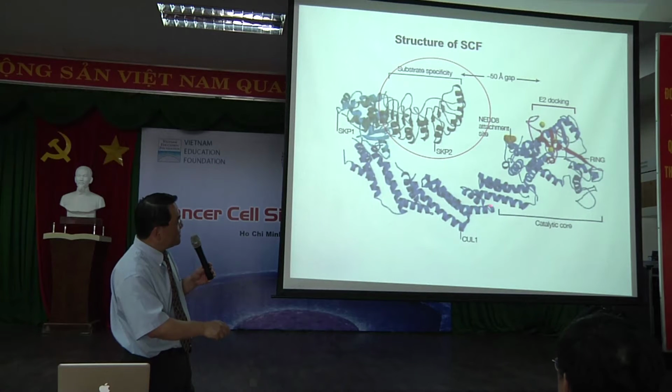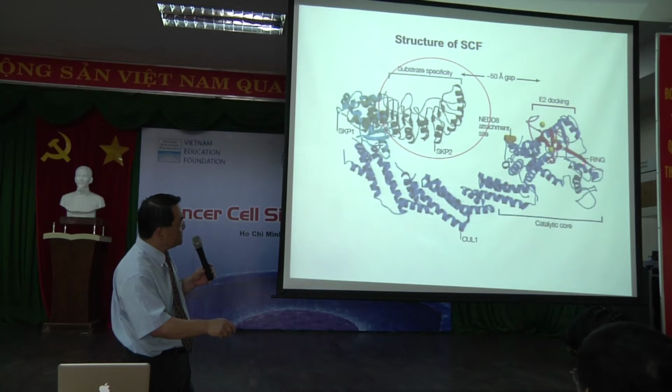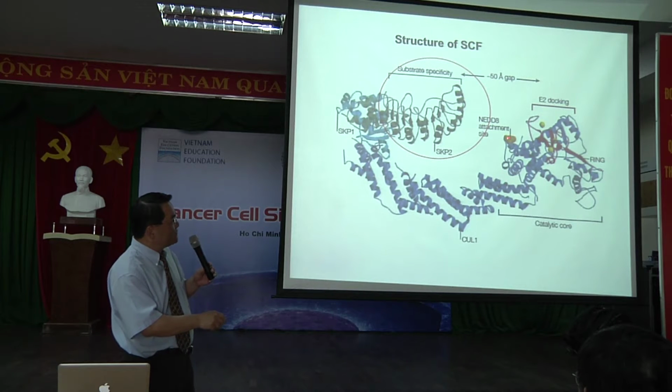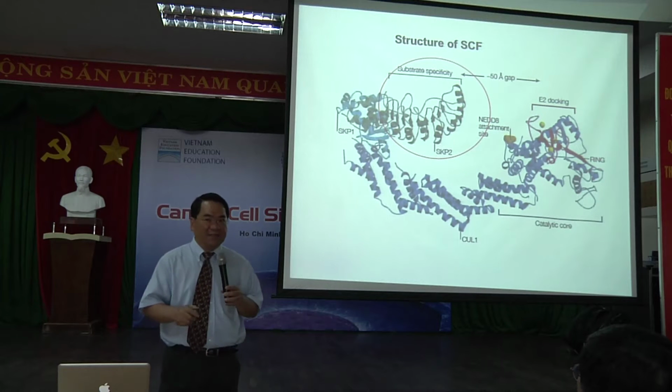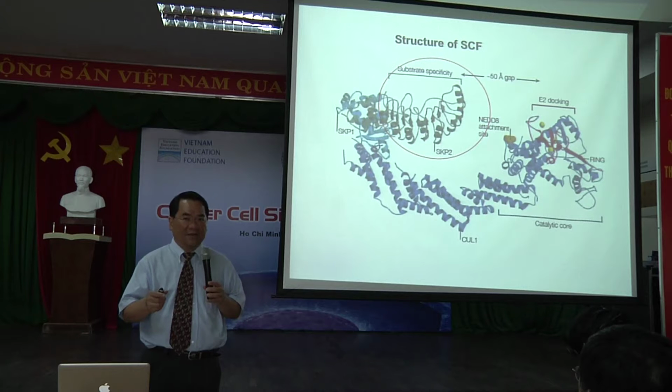Cullin-1 has a part able to associate with the E2 enzyme and the ring domain containing protein. Importantly, there's another attachment site for NEDD8. NEDD8 is a short peptide, just like ubiquitin.